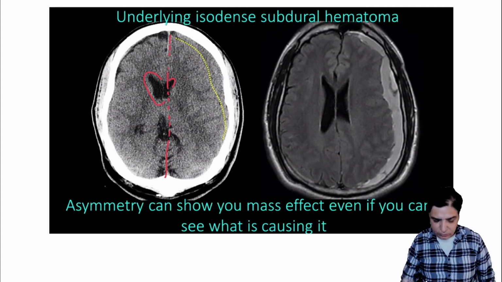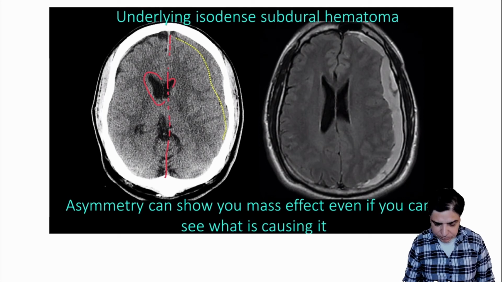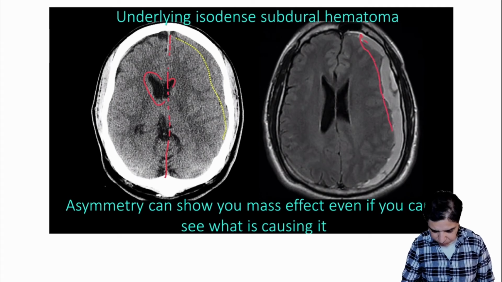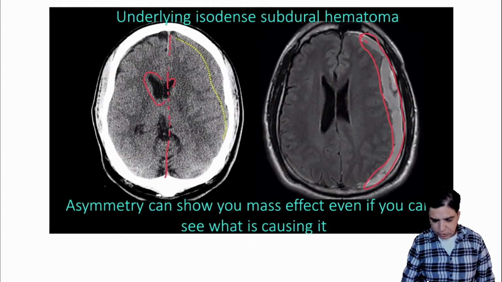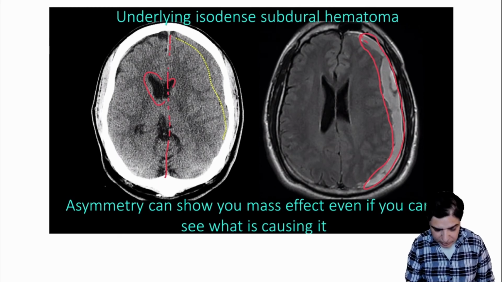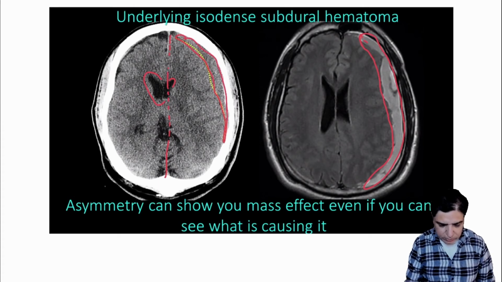Now here, we have compared these images side by side with an MRI. An MRI can clearly show you a crescentic shadow, and crescentic basically means a subdural bleed, a subdural hematoma. So there was a subdural hematoma, but here you can't see it because I have superimposed the yellow lines over it.